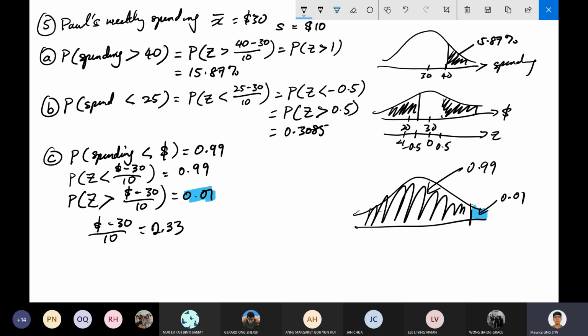Then you work out, you end up with he needs to set aside $53.3 so that he has a 99% chance of being sure, so here is $53.3 when the average here is $30. So that's the answer.